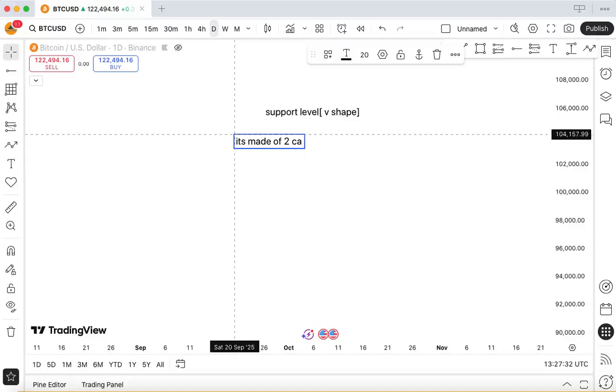If I say two candles and you are marking it using three candles, you have something wrong in your head. If I say five candles, it is five candles. Whatever information I'm letting out, quote it clearly. So it's made of two candles, a bullish candle. Okay, I can say it is made of two candles of a different nature.